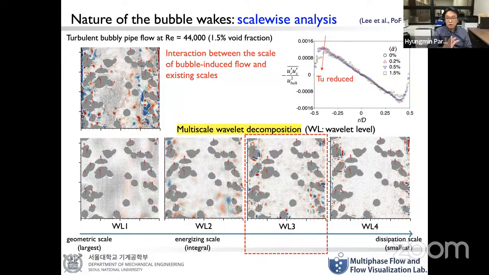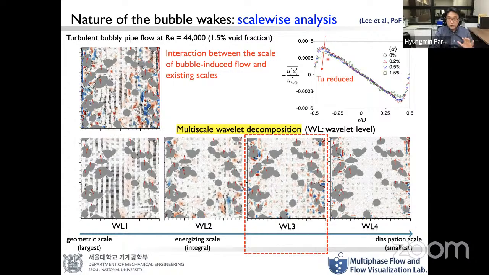That means the scale of the bubble-induced flow now moves closer to the dissipation scale. As a result, when you see the Reynolds stress distribution near the wall, even if you introduce the same amount of bubbles, as the single-phase flow Reynolds number increases, you actually have a slight reduction of the turbulence at the wall.